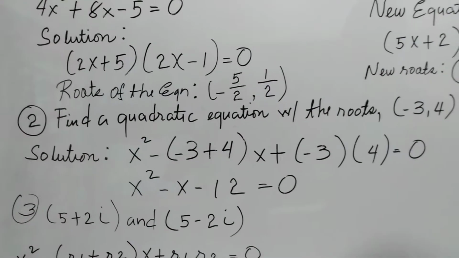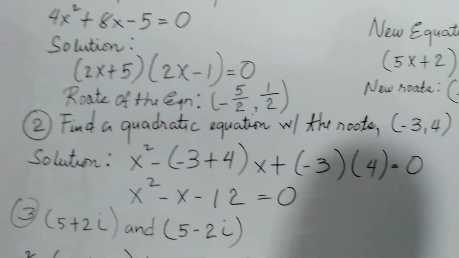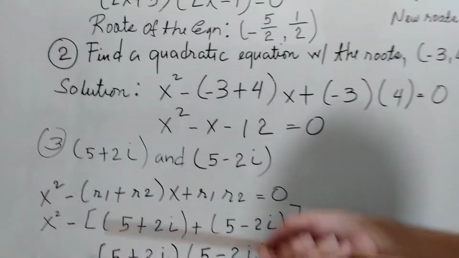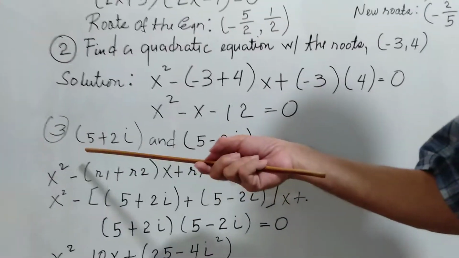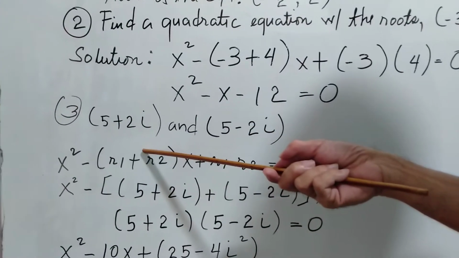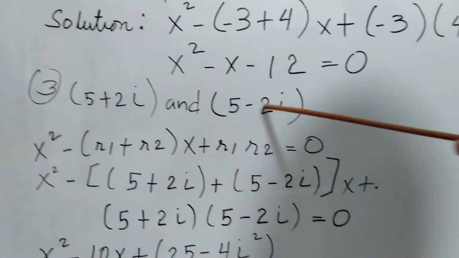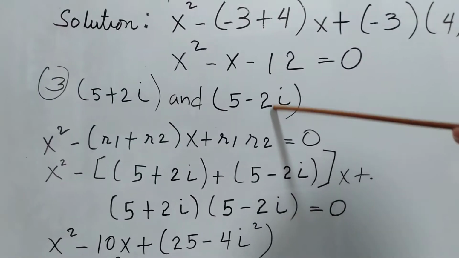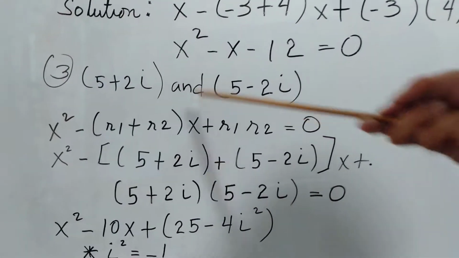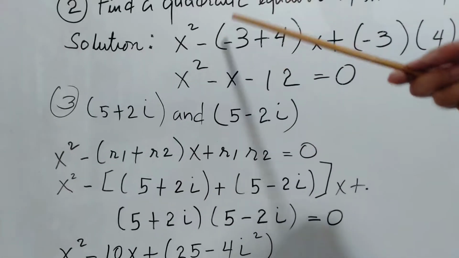So for the third example, we have the complex numbers 5 plus 2i and 5 minus 2i, which are the roots of the equation. So we substitute these as we have done in example 2.